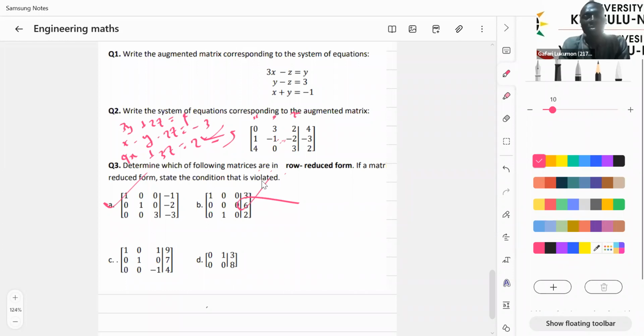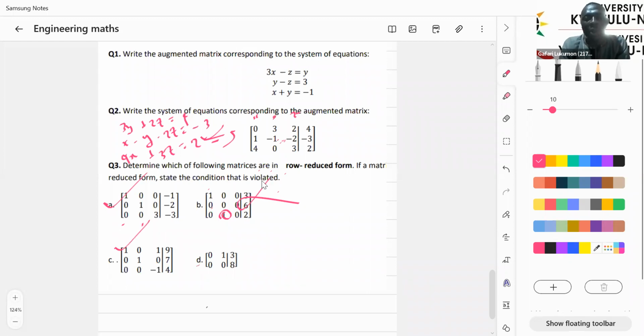This is 0, then this is 0, 0. I hope you understand how it is there. This one is not there because what is the first condition? 1 should be here, 0 to be here, but this one should also be 0. You understand now? So that is why it is not there. What about these guys? This one is there. It is in an echelon form.